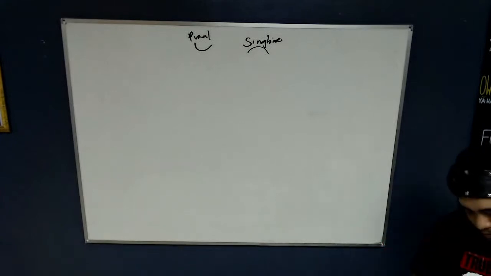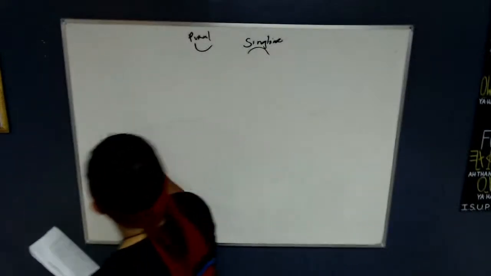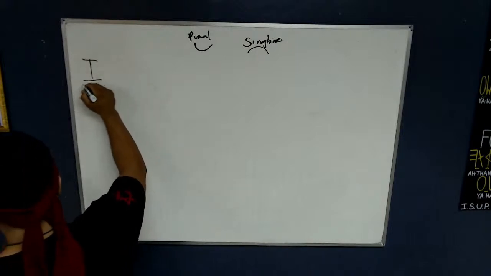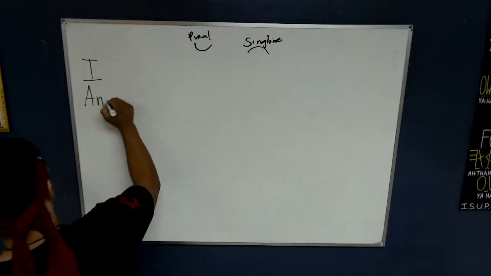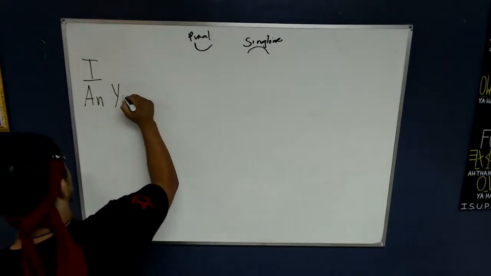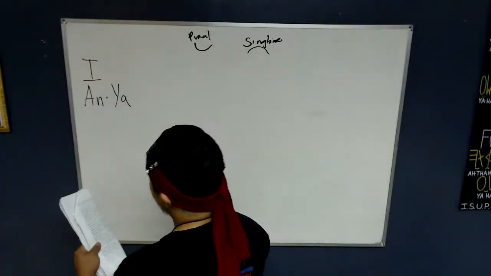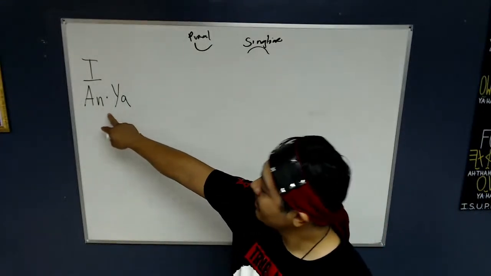Now we gonna do I, right? We're gonna do I, and that's an, ya, right? An, right? Actually three. An, right? It's not just an, ya.